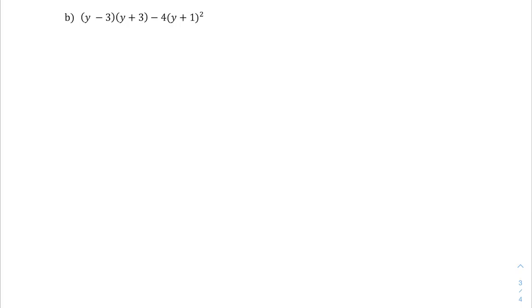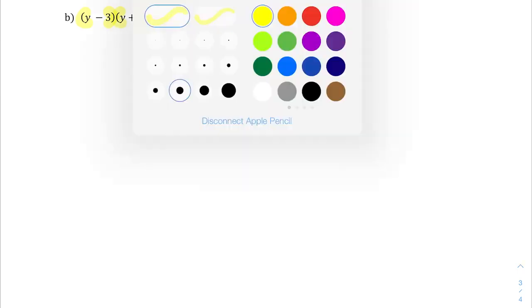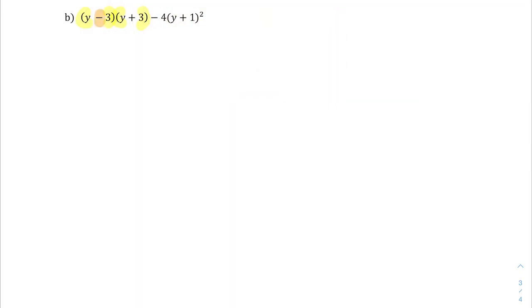Alright, so we only have one more. It's more challenging in this case, so let's think about a strategy. So remember, BEDMAS, brackets, exponents. So let's do brackets first, right? We have y minus 3 times y minus 3. So if you're clever, notice that this is a difference of squares scenario.